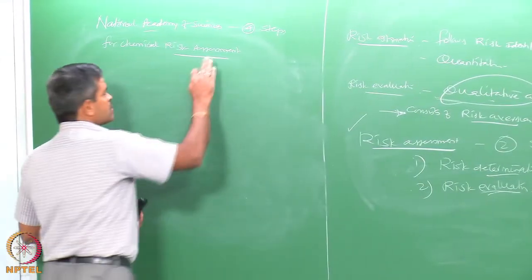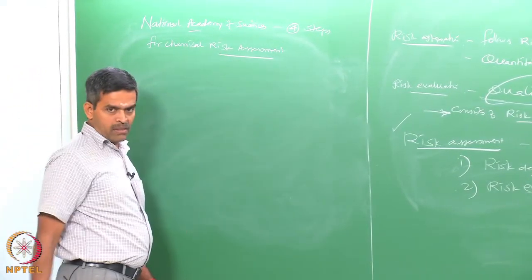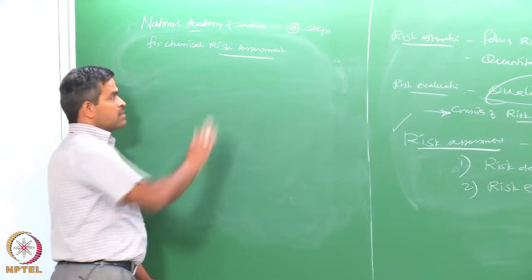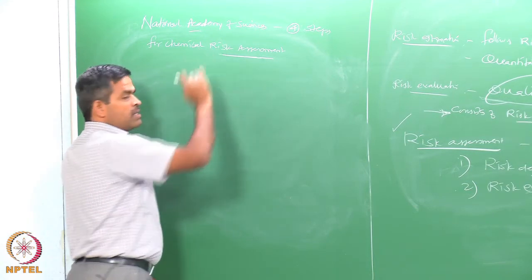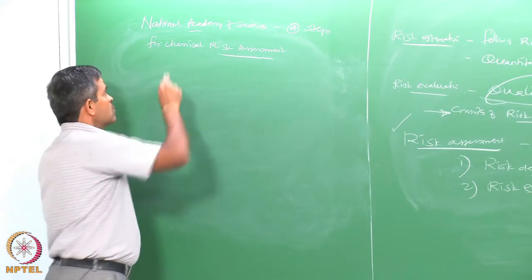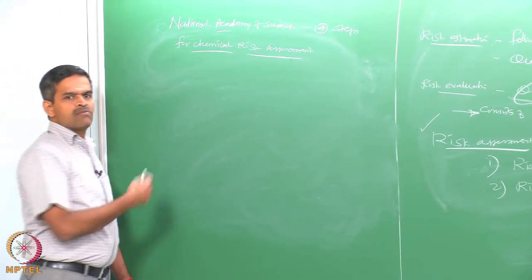So, the moment I say chemical risk assessment, it is very clear that we are talking about assessing risk for people or for the plants which are exposed to chemicals. There are 4 stages involved in this.